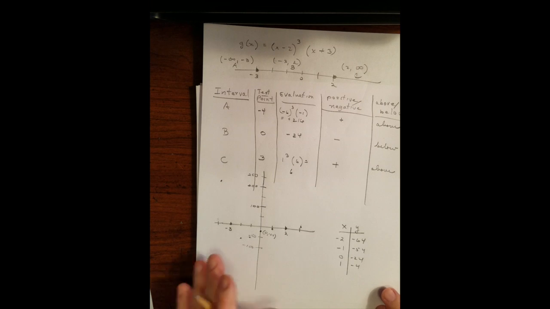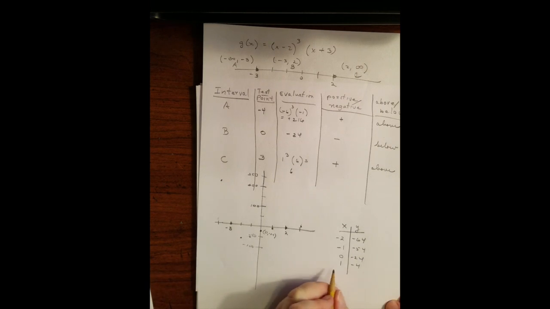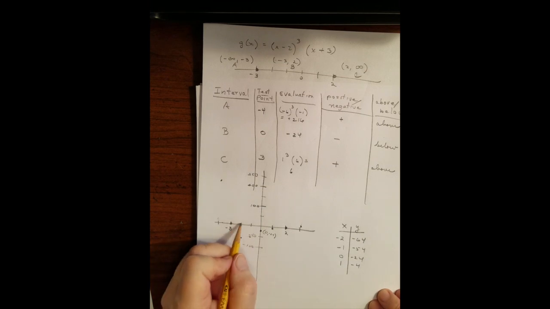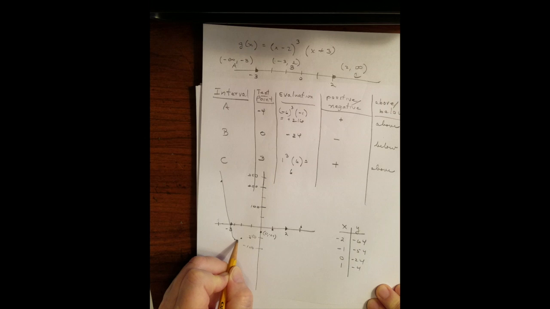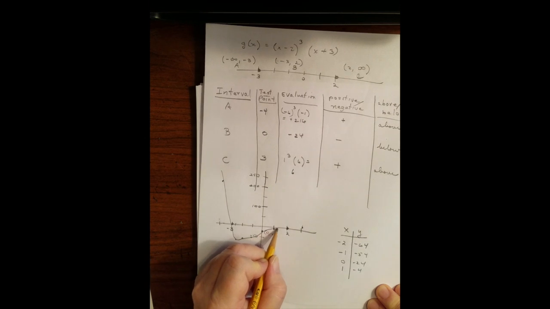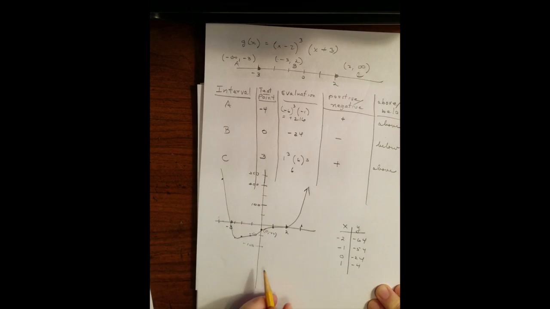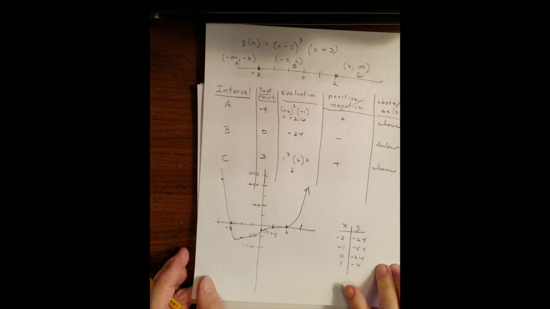I also put this in my calculator and found the minimum point at -1 and 3/4. And that's just a hair below this one. So our graph is going to go like this. And then over. If we stretch this, it would seem like it went down a lot further than it does.